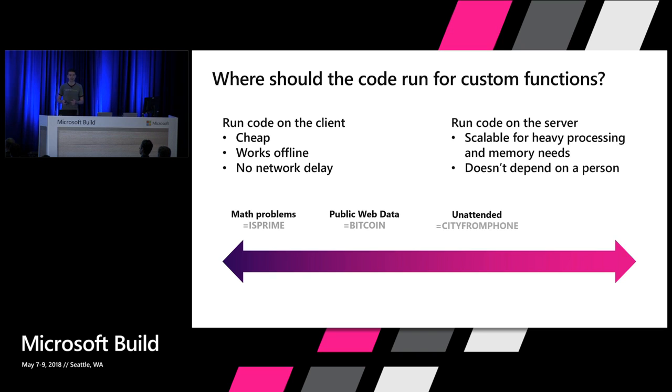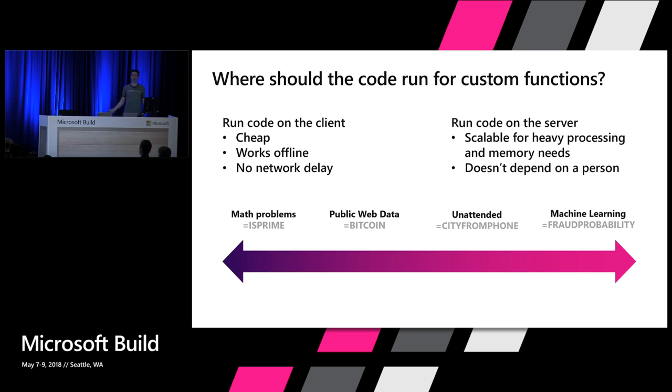And then another step to the right, okay, you have this unattended case. Perhaps I mentioned that maintenance request. Maybe you put in a phone number to that maintenance request, and there needs to be a function to automatically generate a city from that phone number and just plot that right into Excel. Okay, so that one, since it's unattended, definitely needs to run on the server.